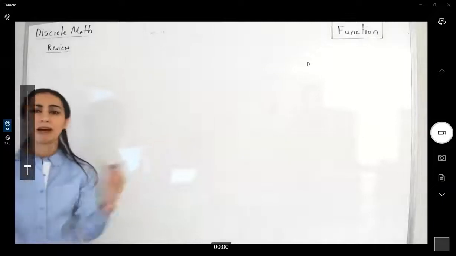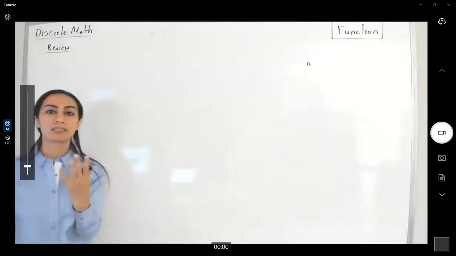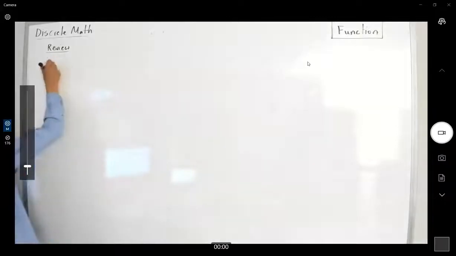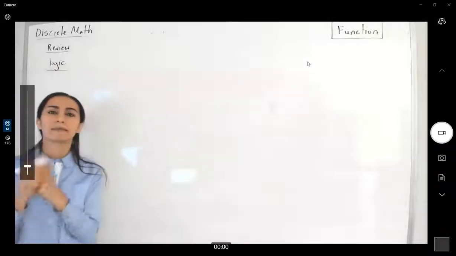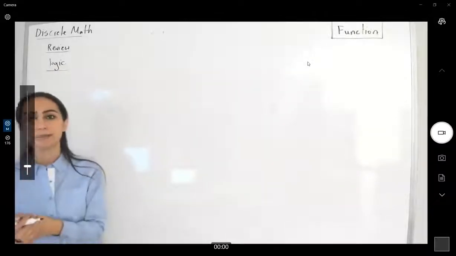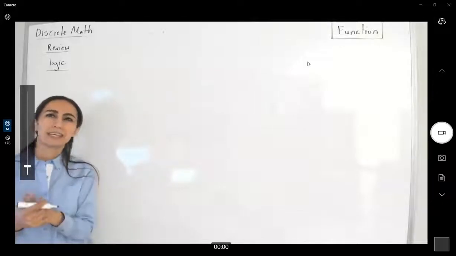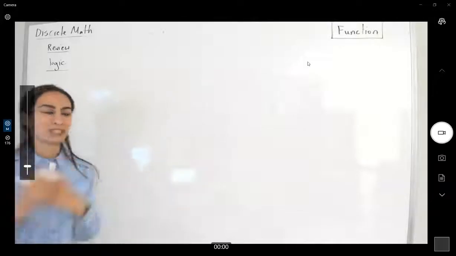In discrete math, we start talking about logic. How do we connect statements together? After talking about logic, compound statements, connecting the statements together, we're interested in talking about numbers.